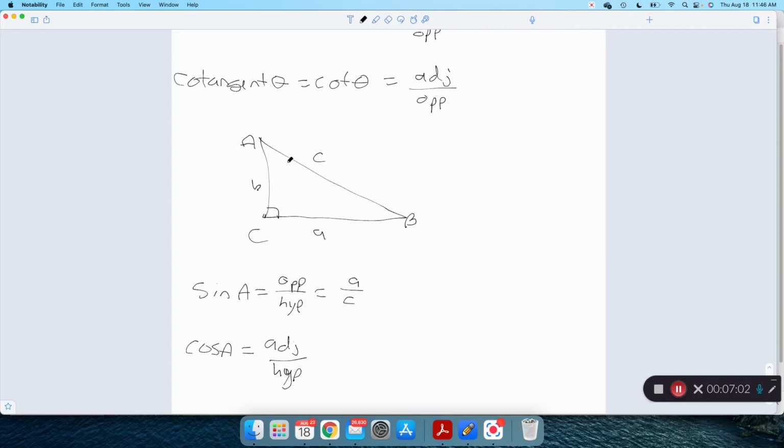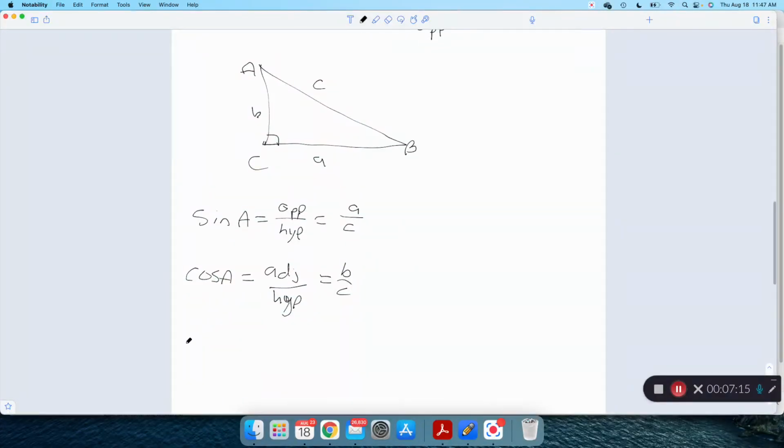So when we say adjacent, we mean the one right next door that's not the hypotenuse. So that will be b over c. What about tangent of A? From angle A, opposite over adjacent. The side opposite is little a, the side adjacent is little b.